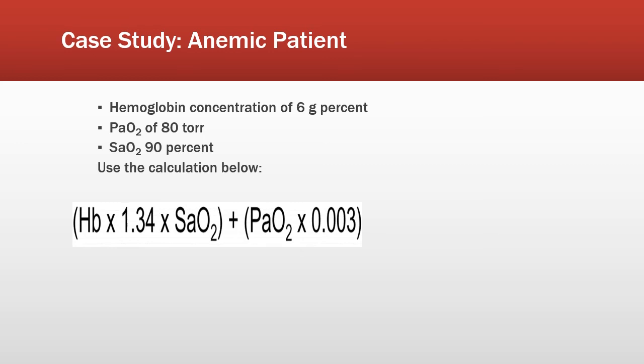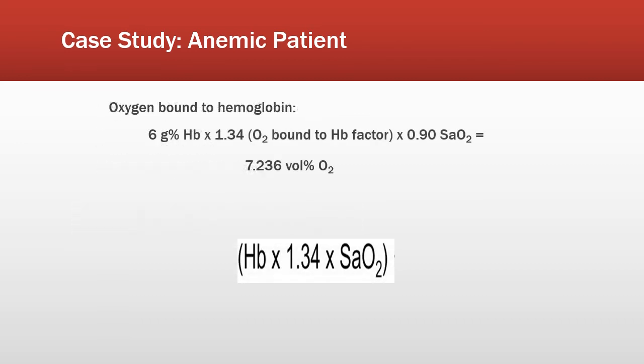Use the calculation below to calculate total oxygen content. So, oxygen bound to hemoglobin will be 6 grams percent times 1.34, the O2 bound to hemoglobin factor, times 0.90, SaO2.